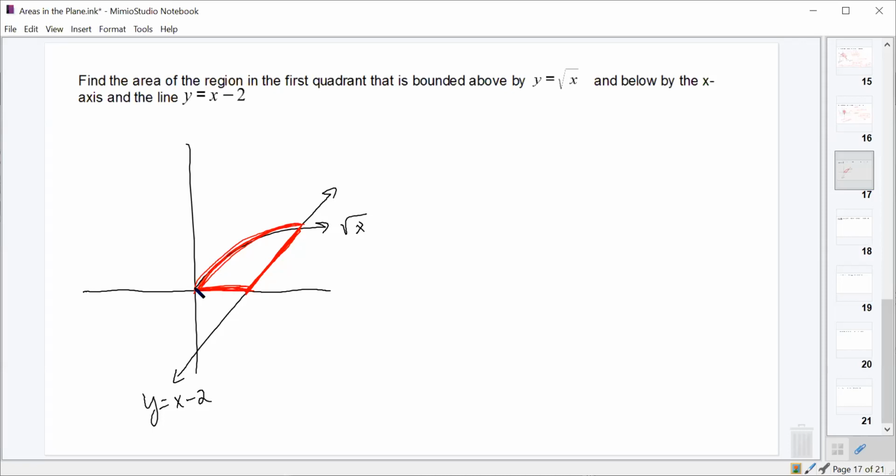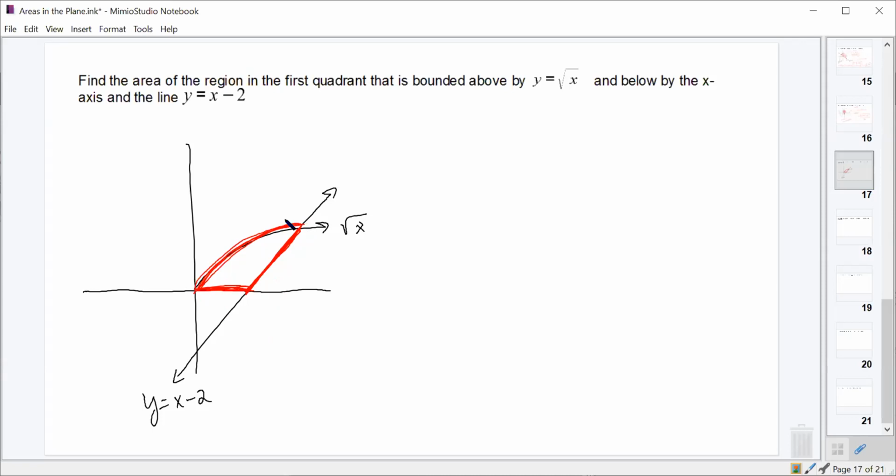Starting at the beginning here and going all the way to the end of my interval, which function represents the top of the region? Square root of x. This is always the top of this region. Pick an x value in here. What's the top of the region? It's square root of x. True? You all agree?